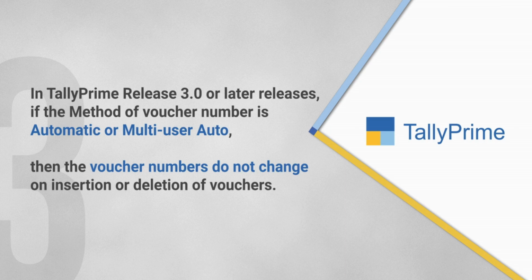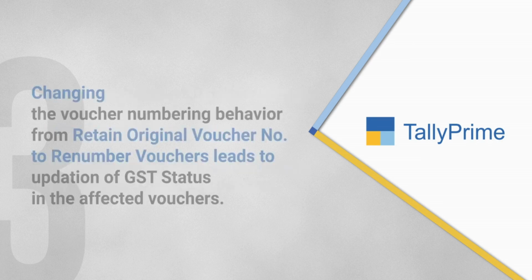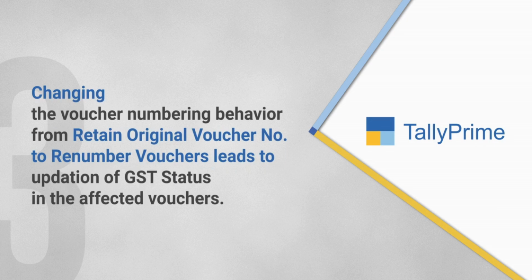This ensures that the voucher numbers of the transactions uploaded on GST returns while filing returns remain unaffected in TallyPrime. However, if you change the voucher numbering behavior to renumber vouchers in voucher types, the voucher numbers of the vouchers get affected, as a result of which the GST status of the affected vouchers get updated.